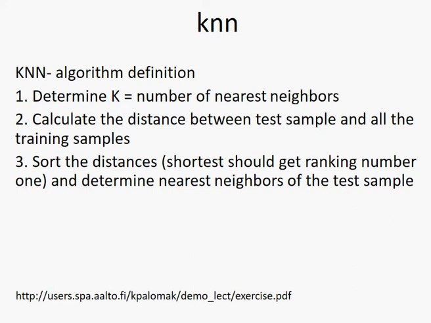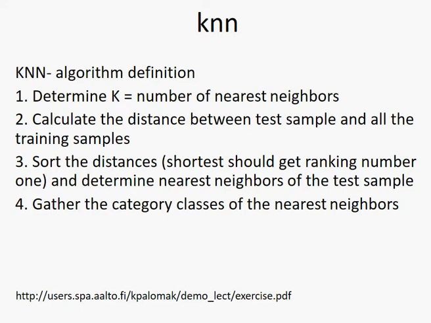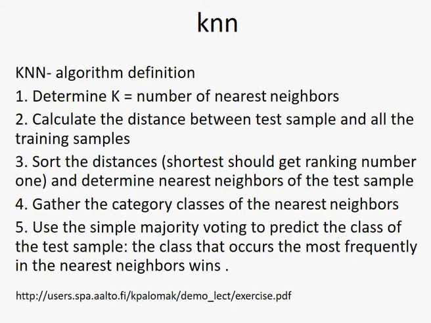Then we will sort those distances, getting the shortest ranking number 1, and then we'll find the k. Let's say k is 3, then the 3 nearest neighbors to the test sample. We'll check what class those nearest neighbors belong to, and then use majority voting. The class that occurs most frequently in the nearest neighbors group will win, and that will be the class predicted.